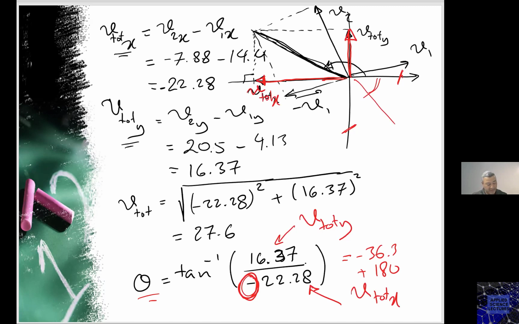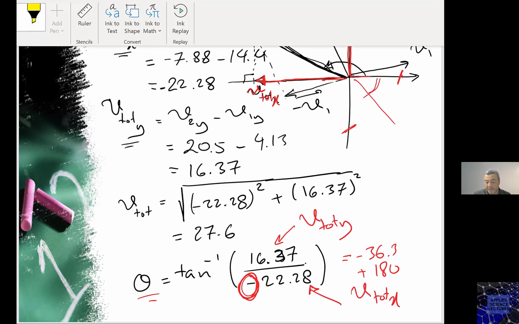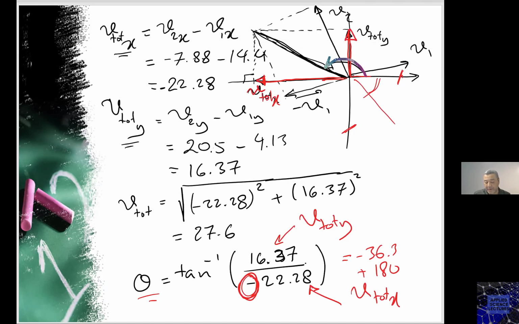The angle from the x axis here is 143.7 degrees, which means that this angle is the 36 degrees. Make sense? Okay, so let's stop here.